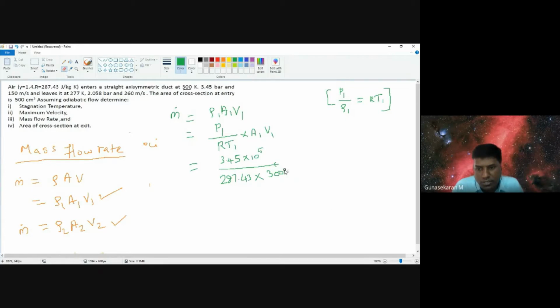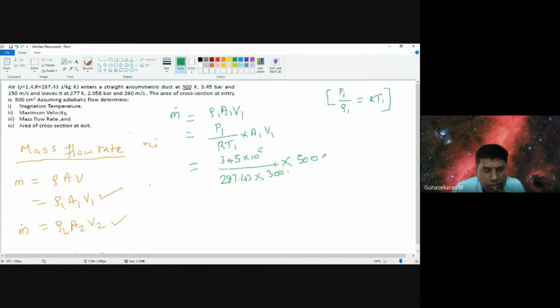Into A1, which is given as 500 centimeter square.